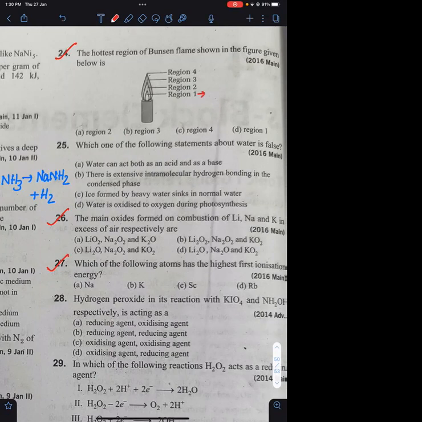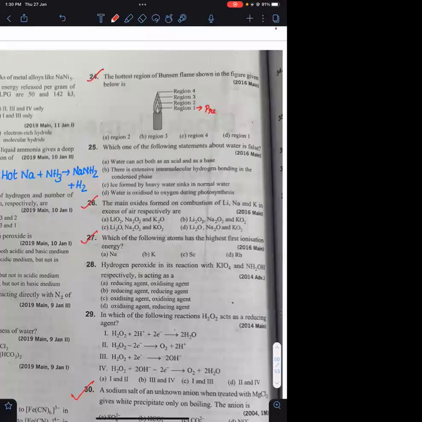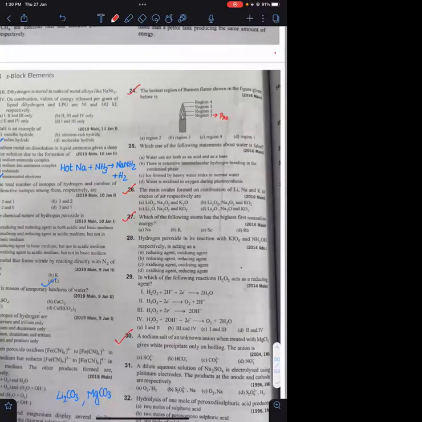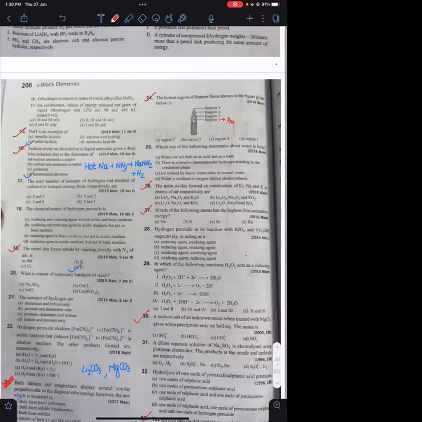Region 1 is called as preheating zone. Region 2 जो है, it is called as primary combustion zone, or it is the hottest zone. यहाँ पे ही combustion होता है.